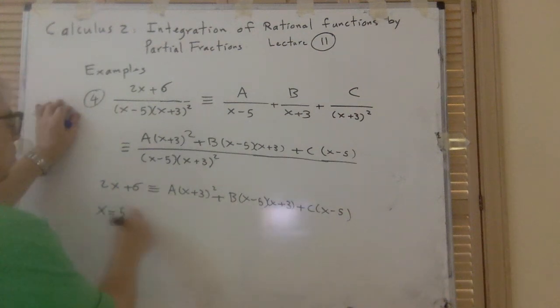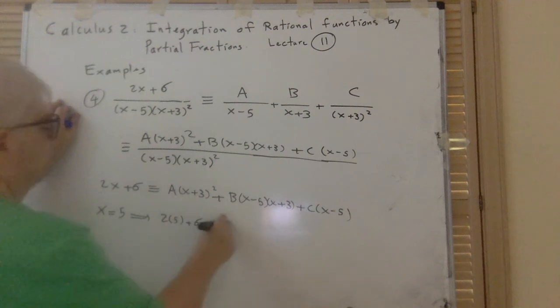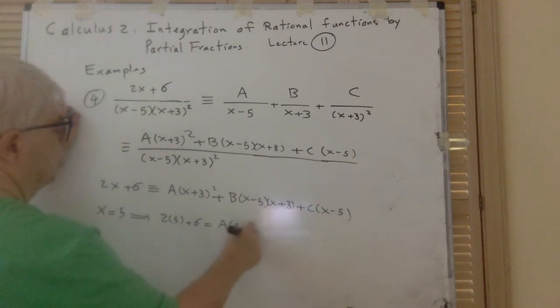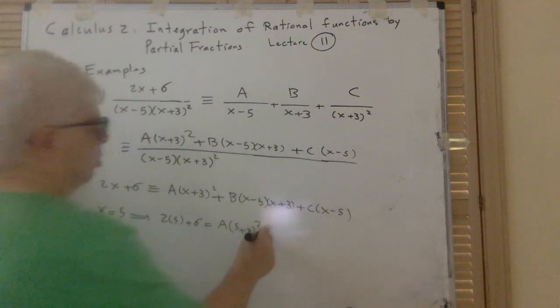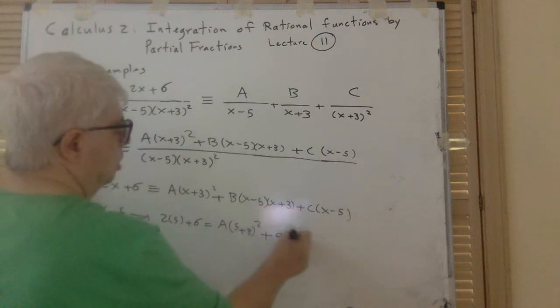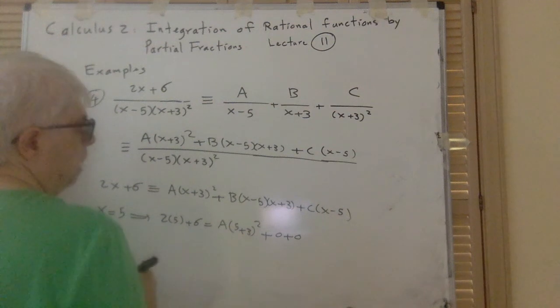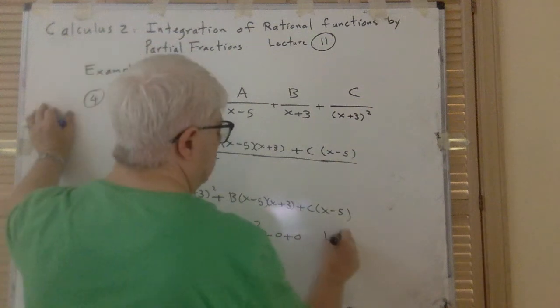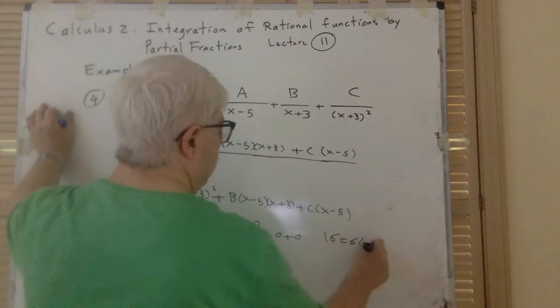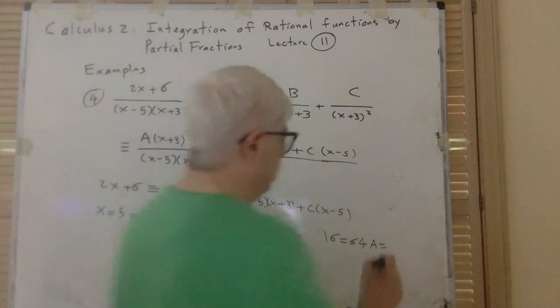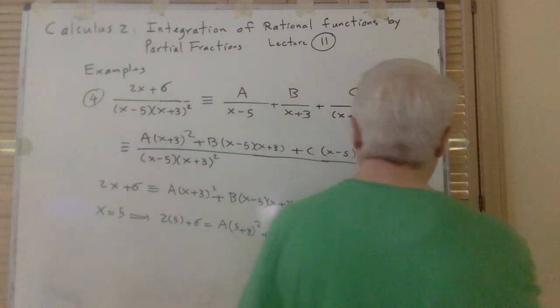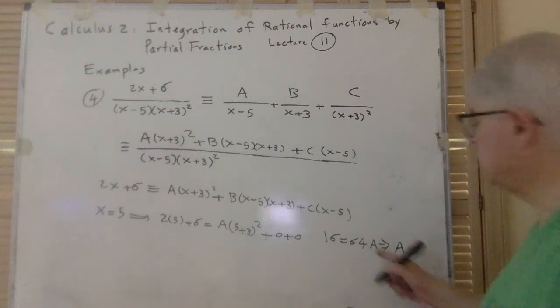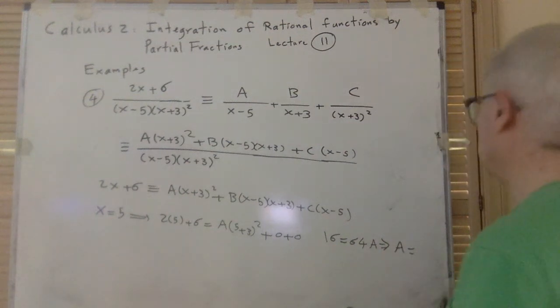X equals 5 will give me 2 times 5 plus 6 equals A times 5 plus 3 squared, and plus this is 0, plus this is 0, right? So 5 plus 3 is 8, squared is 64. This side I have 16, so 16 is 64A, and that gives me A is 16 over 64, and that is in fact 1 over 4.